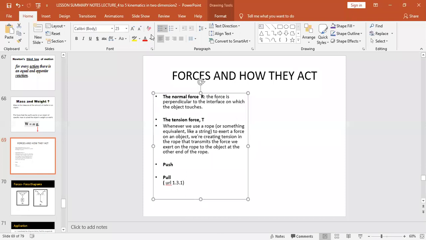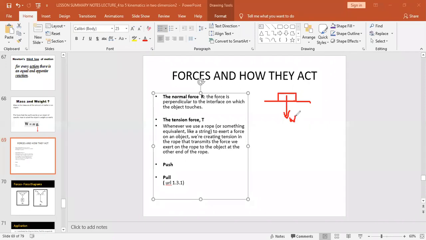So when it comes to normal reaction, we are saying that the normal reaction is the force perpendicular to the interface on which an object touches. So if there is a table like this, and I have an object sitting on this table, then the weight of this object, which will act from the center of mass, we know weight will always be down.